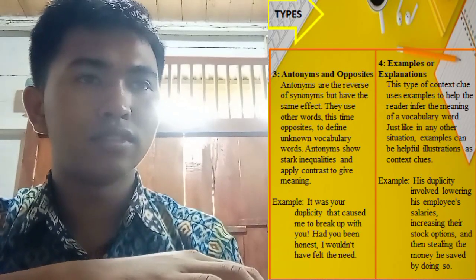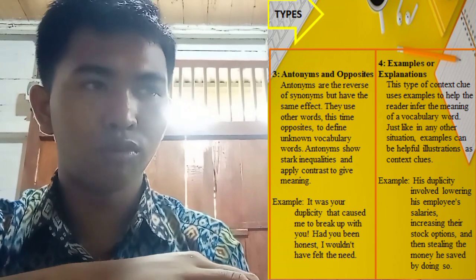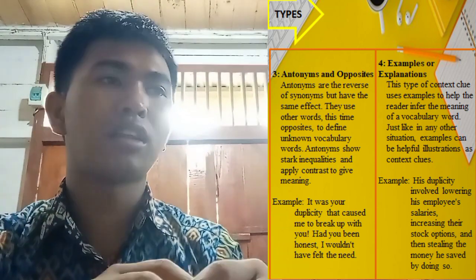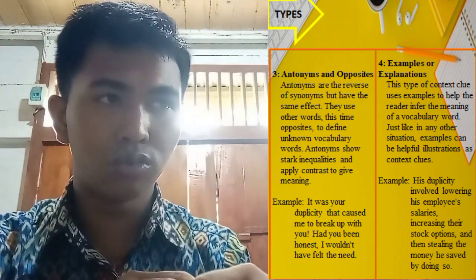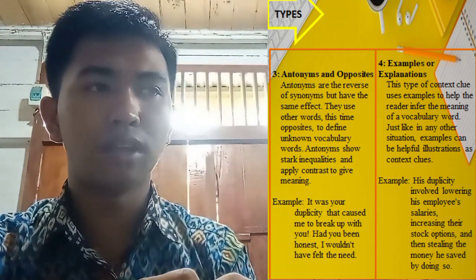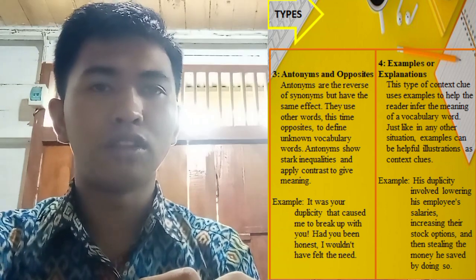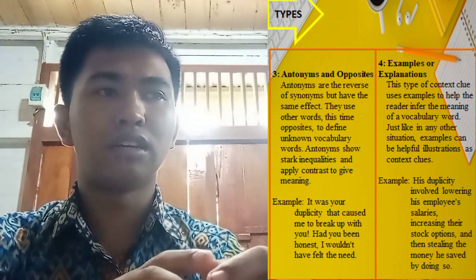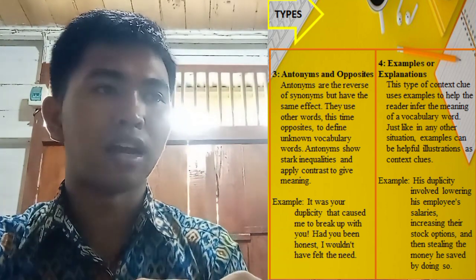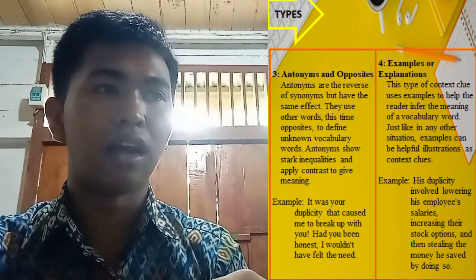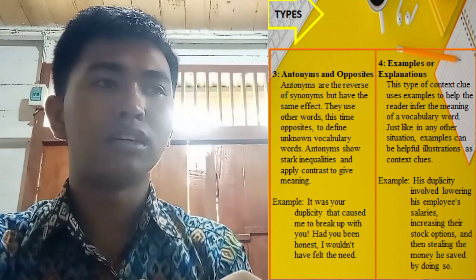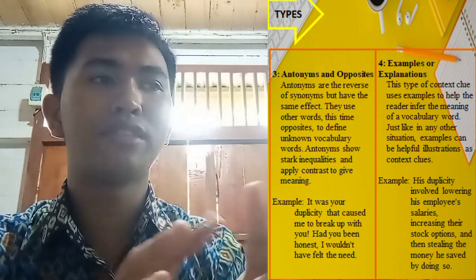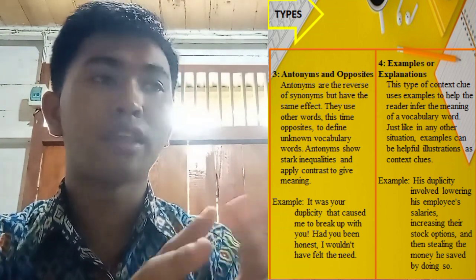The third type of context clue is antonyms, or what we know as opposites. Antonyms are like synonyms, but have the same effect.